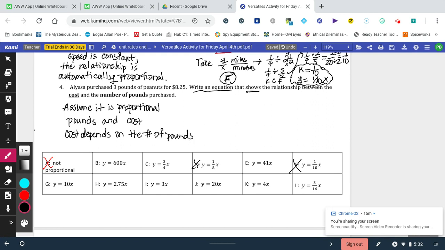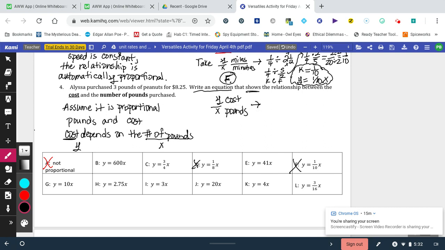Since cost is dependent, I'm going to call it Y. So the number of pounds will be X. So when I divide Y by X, Y is cost. The number of pounds is X. So let's make sure we set it up that way.